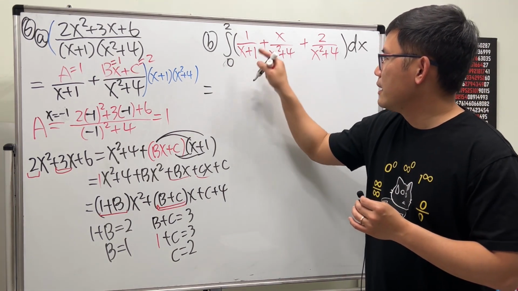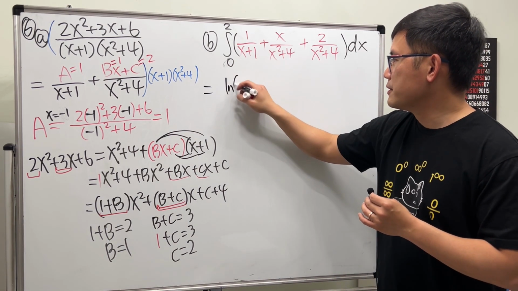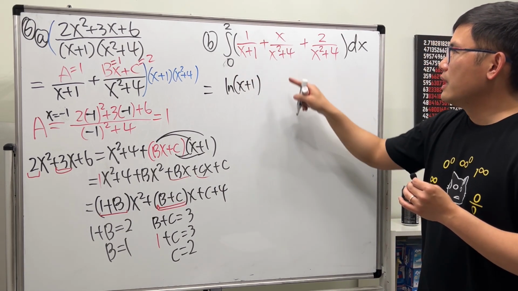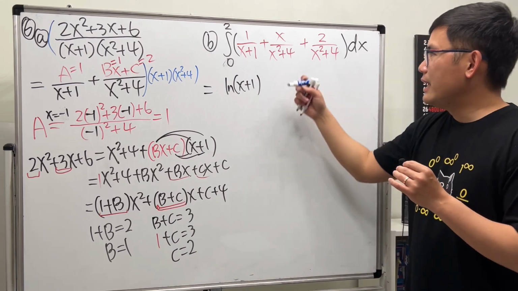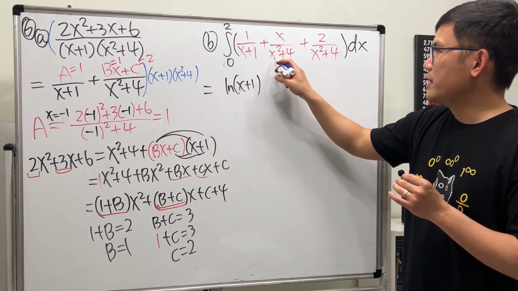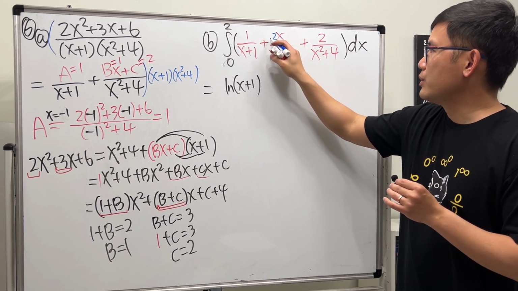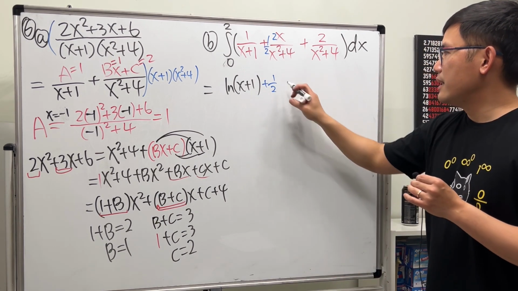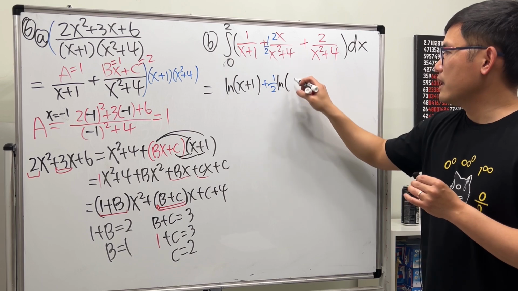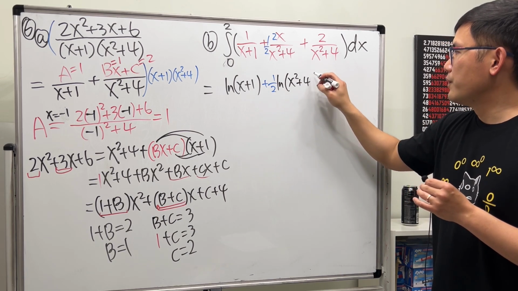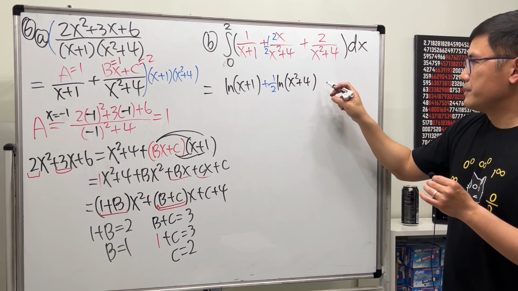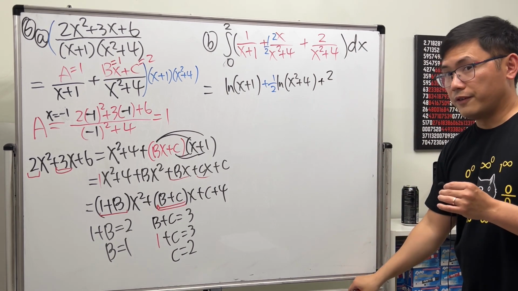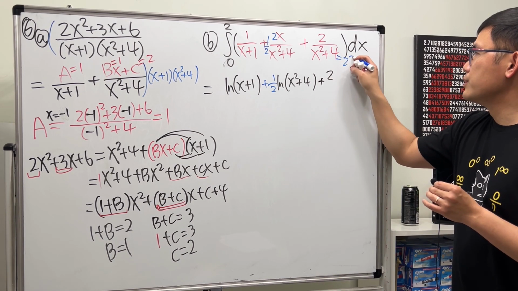Okay. Integrating this, ln, you don't need the absolute value because this is just going to give us a positive result here. For the next one, let u equal the denominator. The derivative for that is 2x. So on the top we need 2, and then divided by that, so it's plus 1/2, and then ln of x squared plus 4. And then for this right here, first let me put down the 2 right here, but for the 4, look at that as 2 squared.